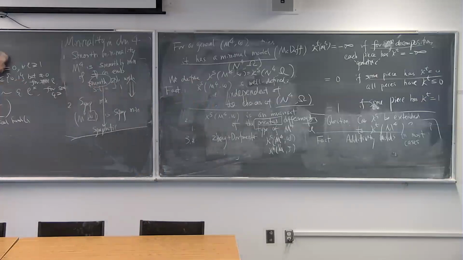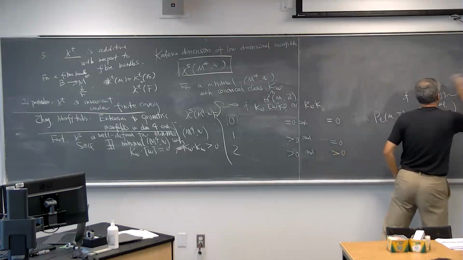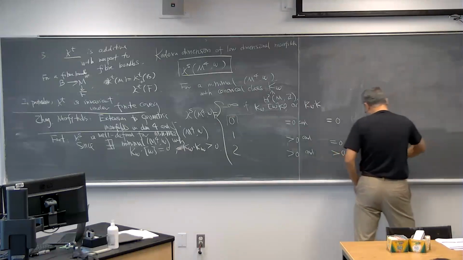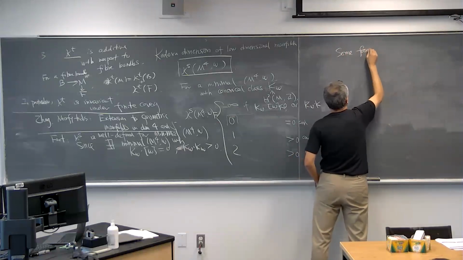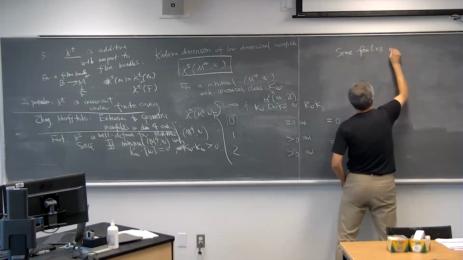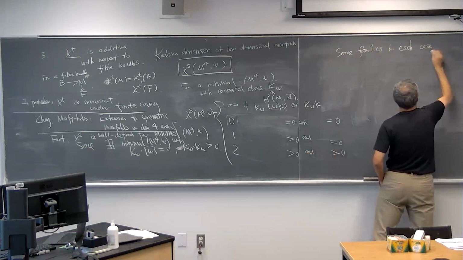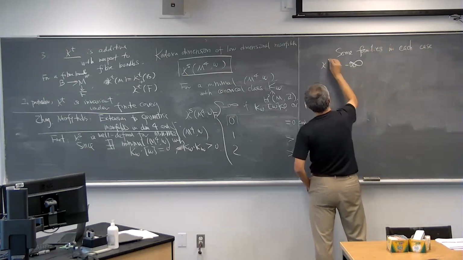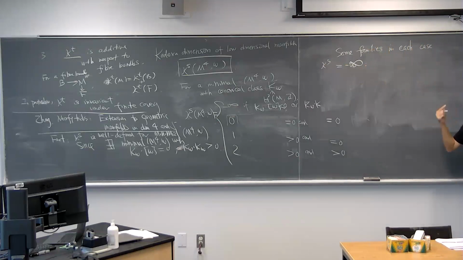Let me give you some list of families of four manifolds. In each case, we know what they are as smooth four manifolds.